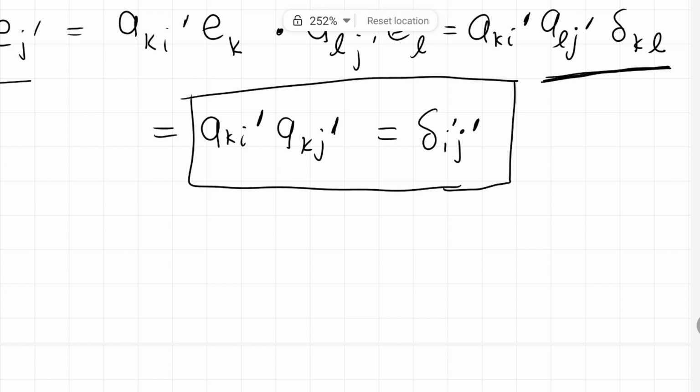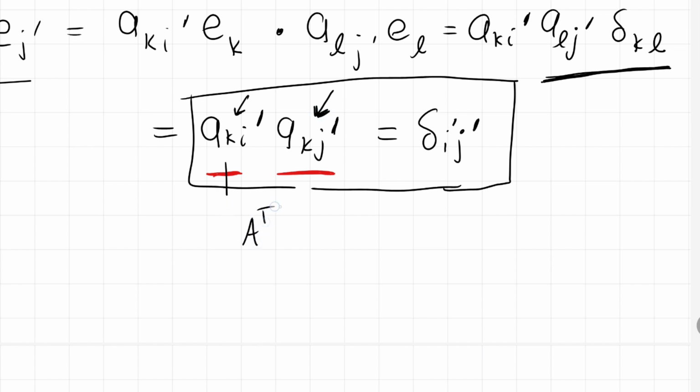What we have here is a product of elements of some matrices. If this term were a i k prime, we would have the same matrix that we have here, just a different element. But what we have here is the same element with the indices exchanged. That means this element represents the transpose of the matrix that represents this element.